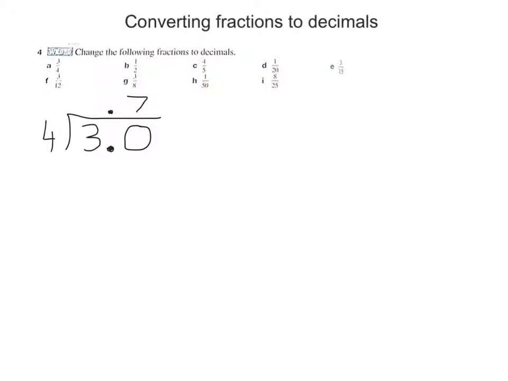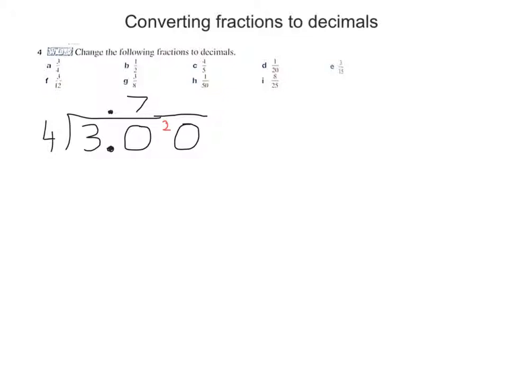Now, there is a remainder, and that remainder is 2, because 30 minus 28 is 2. So we write the remainder over here, and then we put a 0 after that remainder.